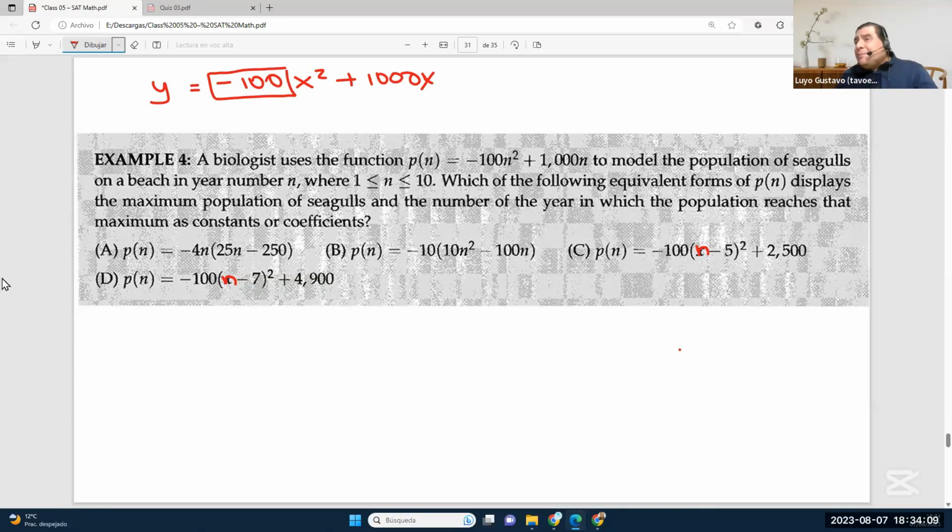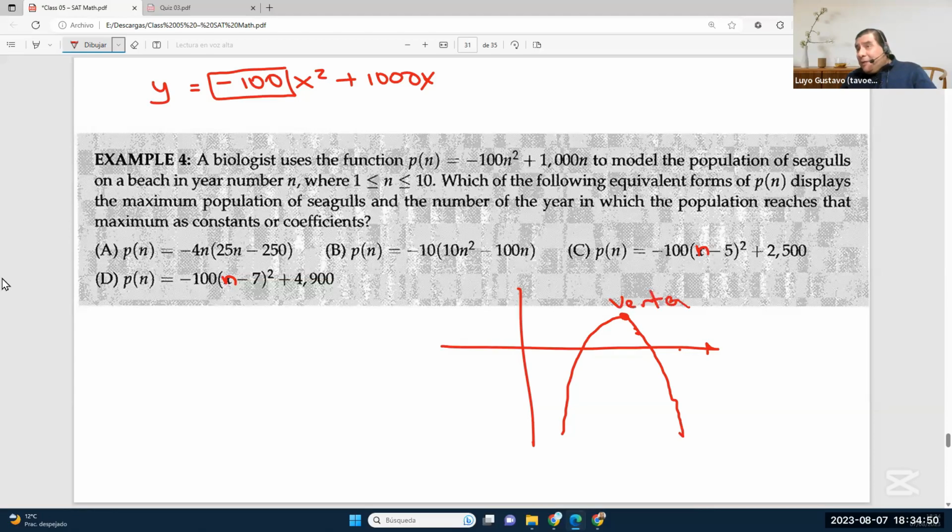Imagine that we have something like this, okay, it doesn't really look like a parabola, but imagine that this is the vertex. So it's an inverted parabola because of the coefficient of the quadratic term. And the vertex in this parabola actually represents a maximum value for, in this case, P, and this is n.